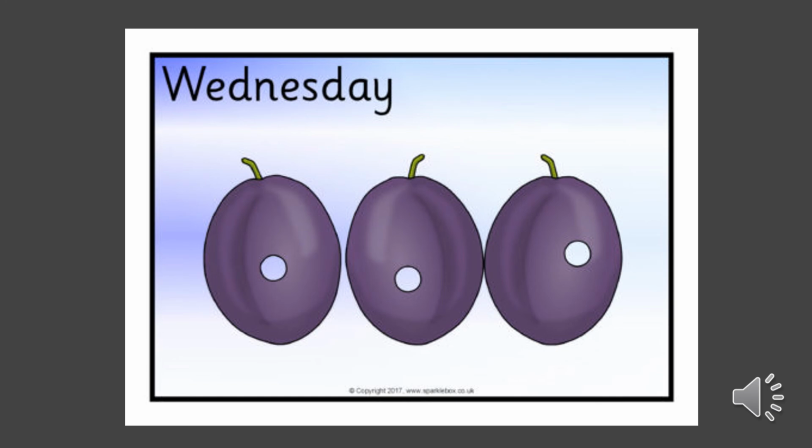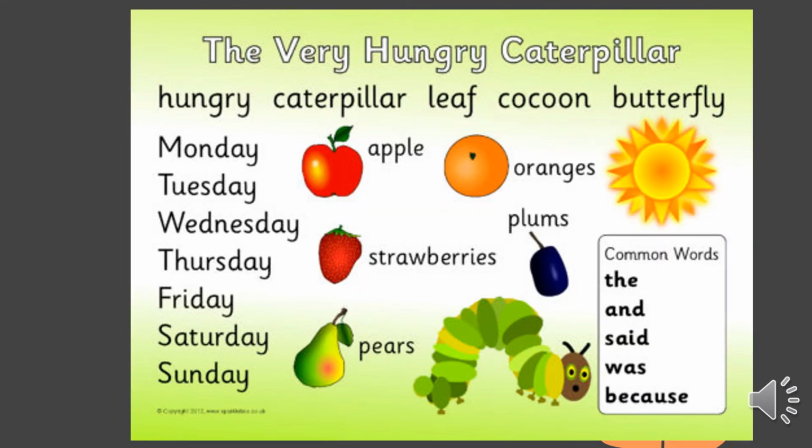On Wednesday, he eats three plums, but he is still hungry. On Thursday, he eats four strawberries, but he is still hungry. On Friday, he eats five oranges, but he is still hungry.